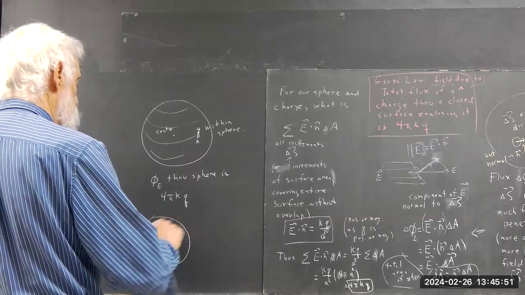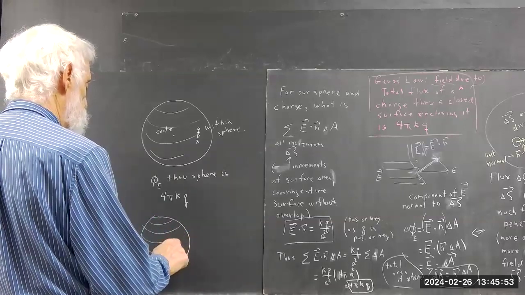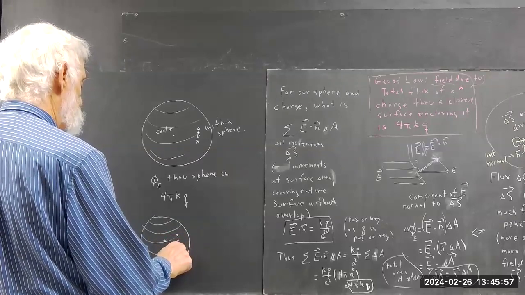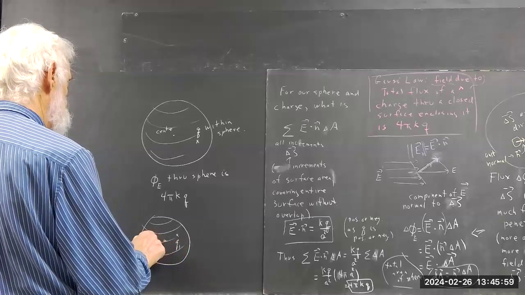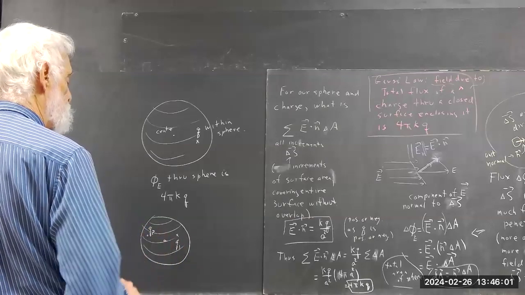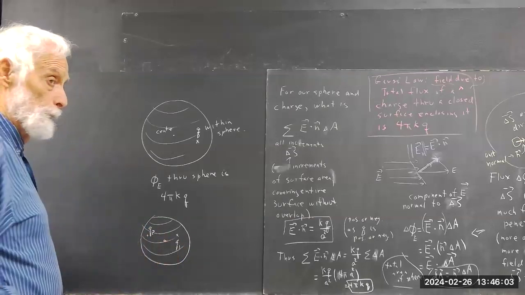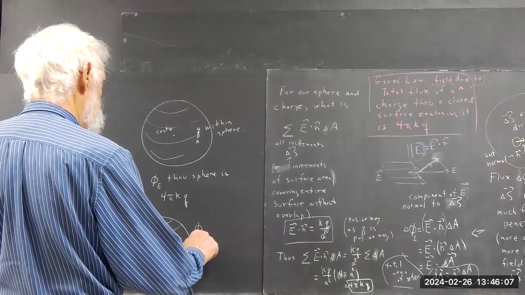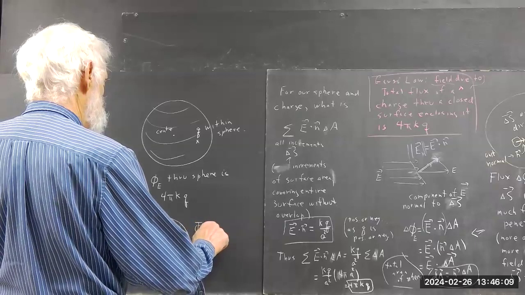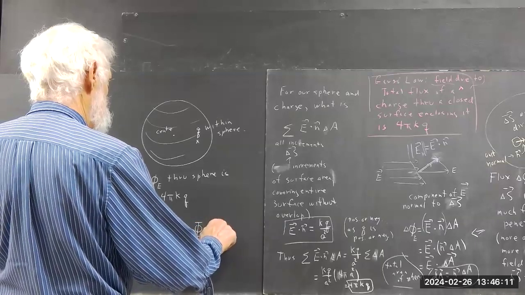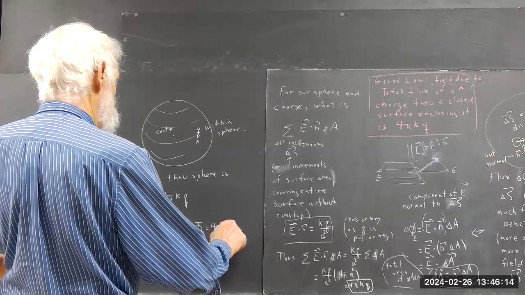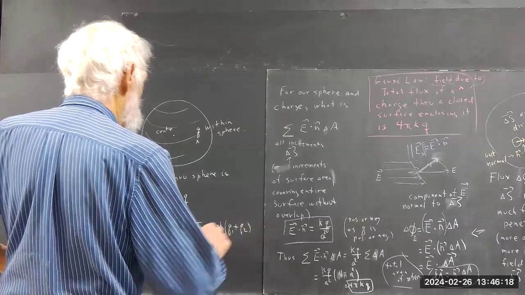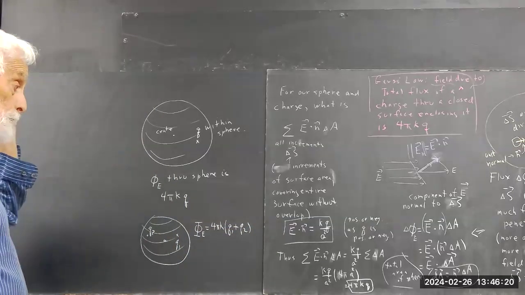We'll do another sphere, they're very easy to visualize. You've got Q1 and Q2 here. That's 4 pi k times Q1 plus Q2.